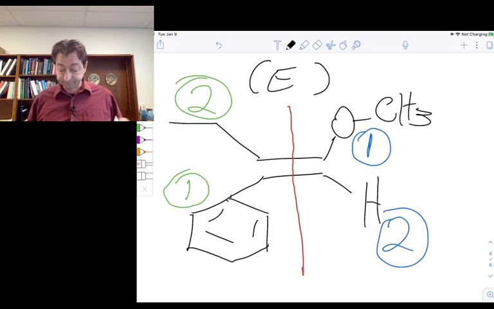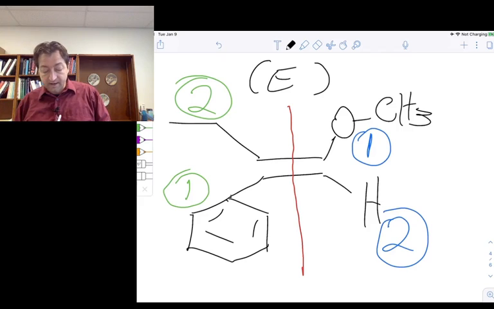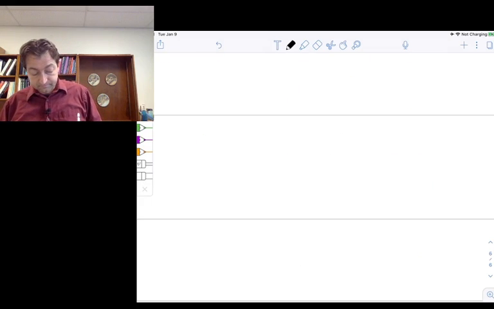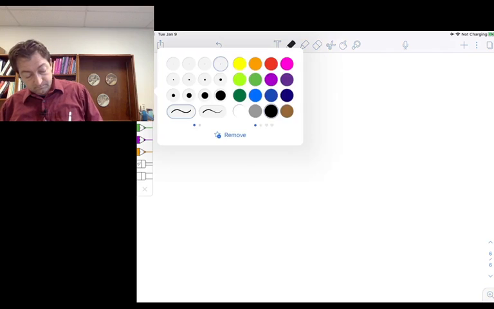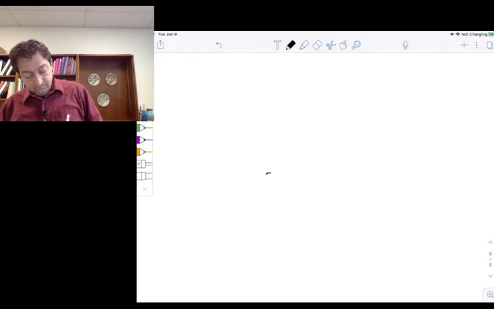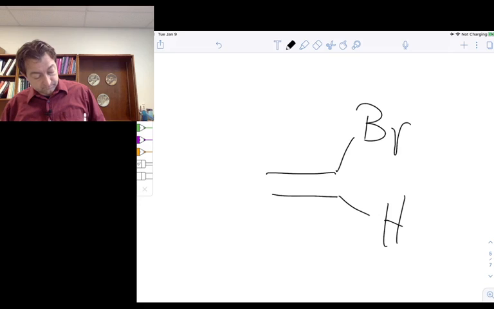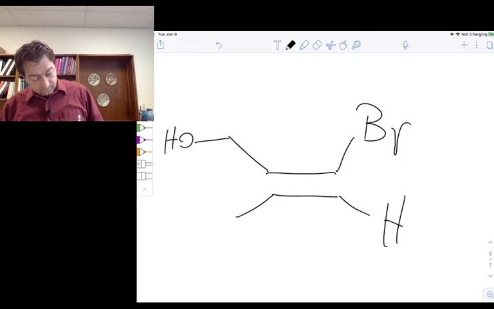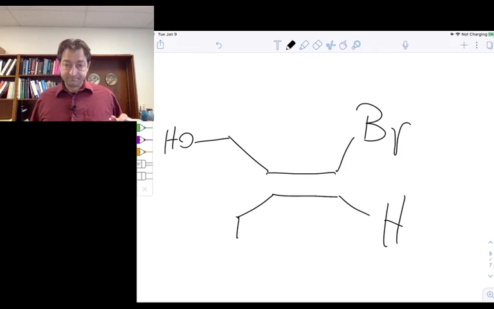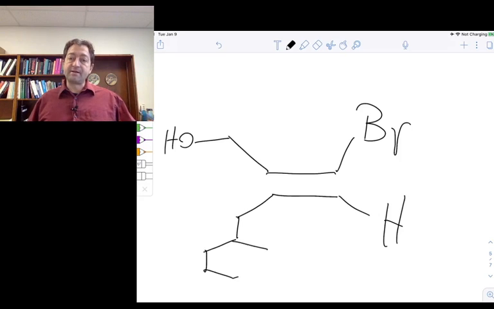Okay, we'll take a look at another example here just to set these priority rules in our mind. We've got, again, another double bond.